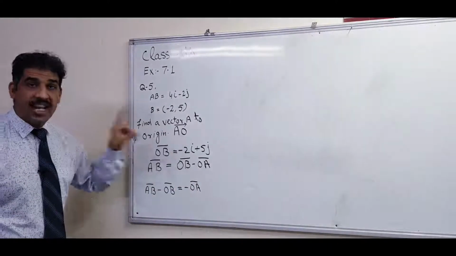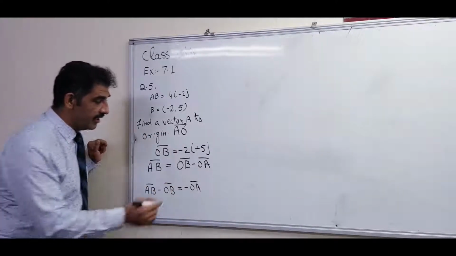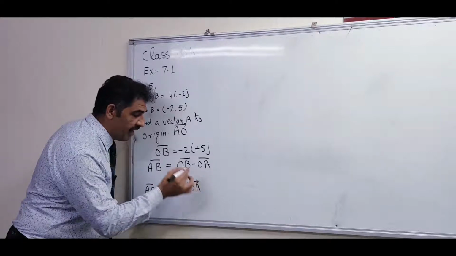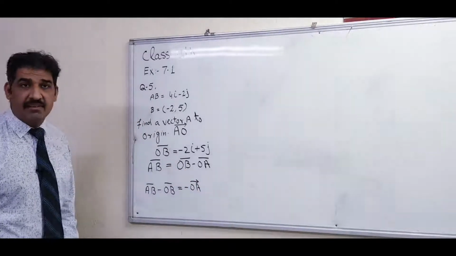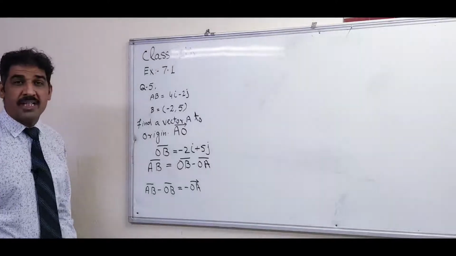But that is minus OA, and we need AO. So what is the difference between these two vectors? The difference is a negative vector, which is equal in magnitude but opposite in direction.